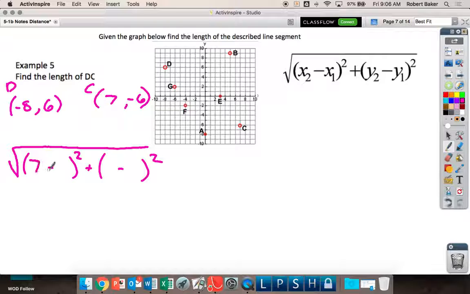So 7 minus negative 8, that'd be x2 minus x1, and negative 6 minus 6 would be y2 minus y1. 7 minus negative 8 is 15.